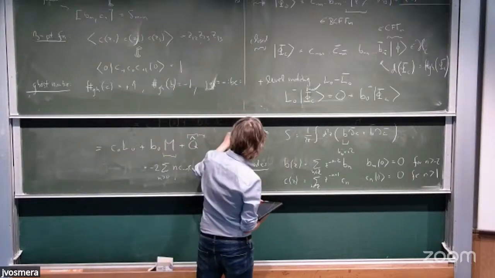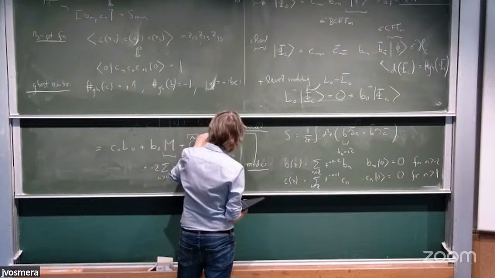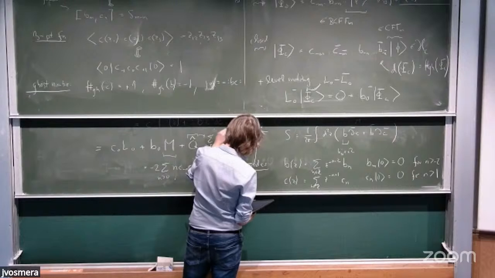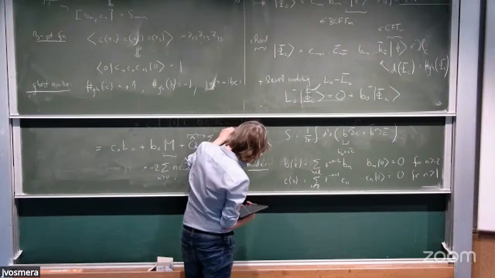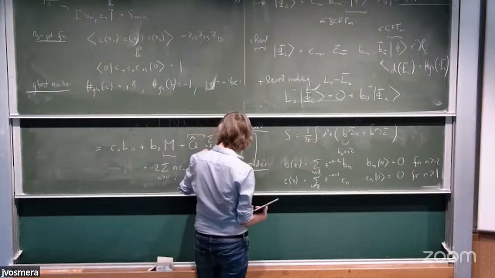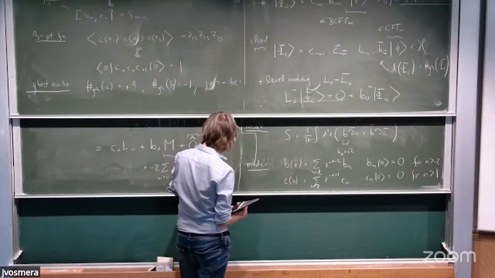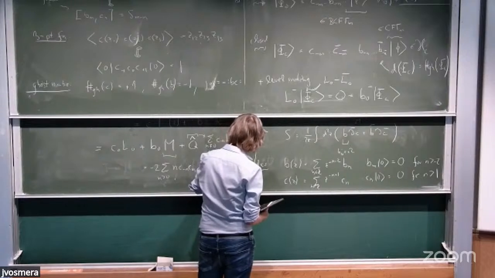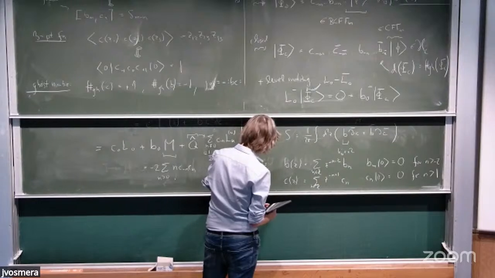So that's going to be equal to the sum of T minus n L_n, where these modes L_n are just the modes of the matter stress energy tensor, plus minus a half sum over m, n of (m minus n) c_{-m} c_{-n} b_{m+n}.